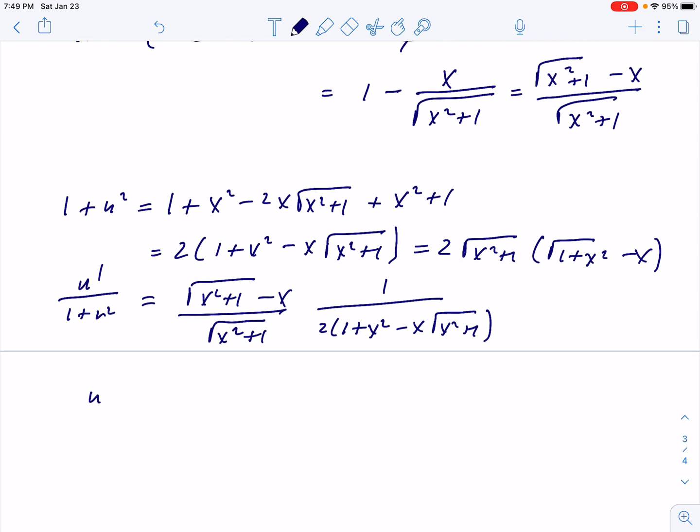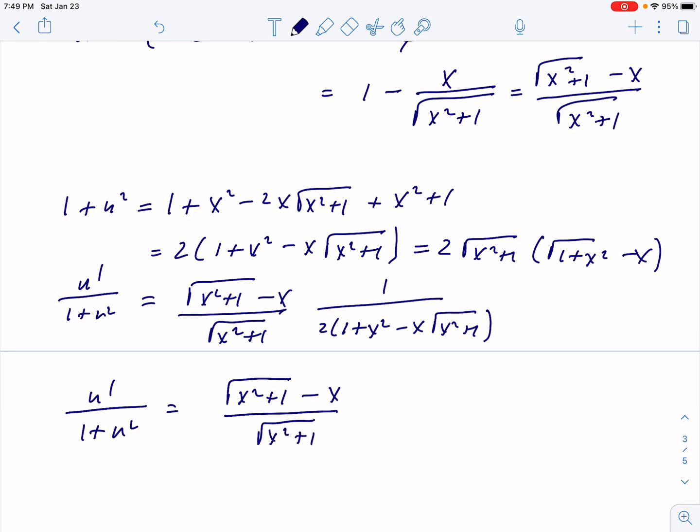So again, u prime over 1 plus u squared will be, just rewriting, x squared plus 1 and, a second, make this better, minus x over root x squared plus 1.